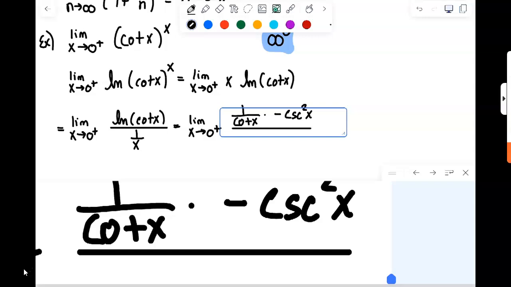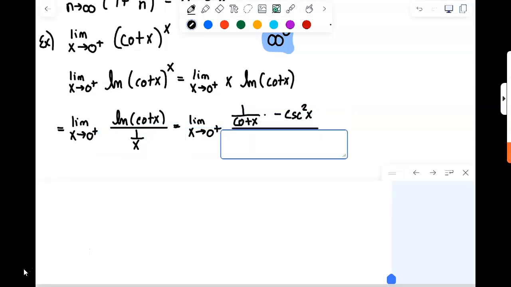Okay. That's all divided by the derivative of 1 over x, which would be minus x to the minus second.